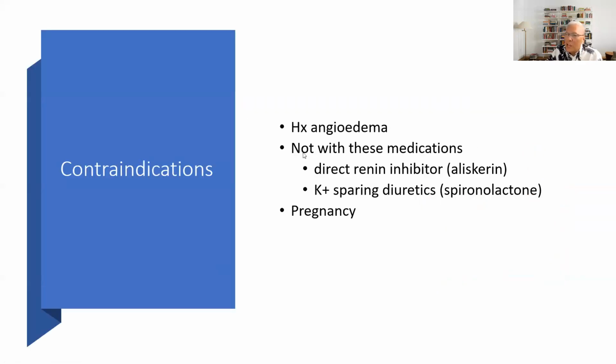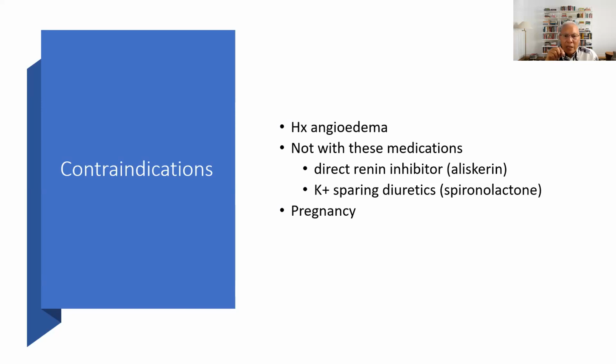The contraindications for the use of ACE inhibitors are those with a history of angioedema or severe allergic response or hypersensitivity related to the treatment with ACE. And sometimes there are people who have hereditary angioedema, and so these individuals should not be given ACE inhibitors.